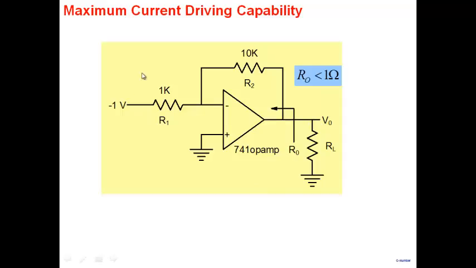So this one shows you a 741 op-amp, and we are building an inverting amplifier with 1K here and 10K here. The 741 op-amp, when I look at it from the output side, has a very, very low output resistance. R0 is less than 1 ohm.